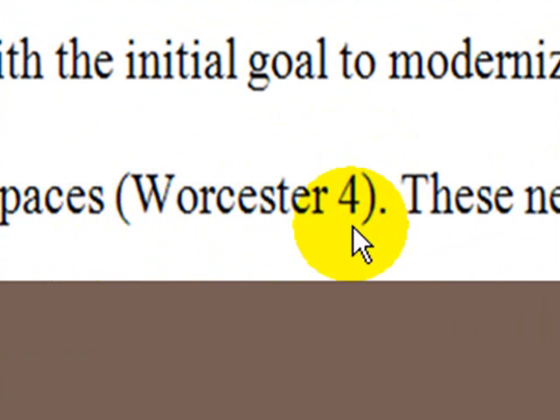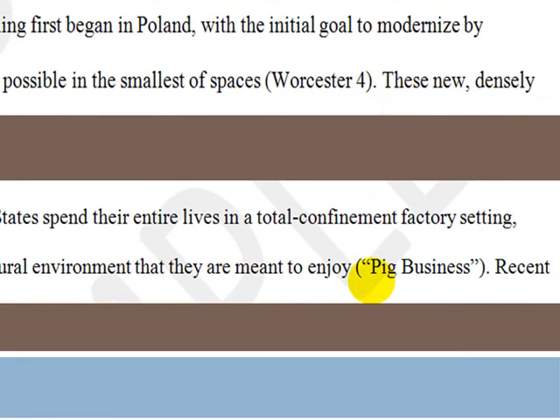Should be in parentheses, the period should be at the end. If the source does not have an author, the student would use the title of the article. So for instance, the second one shows pig business as the title of the article. That's acceptable because there is no author.